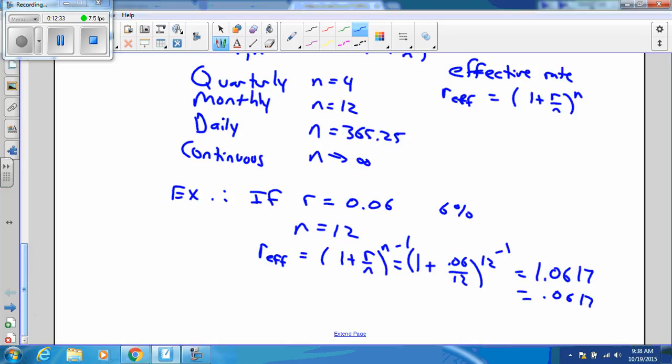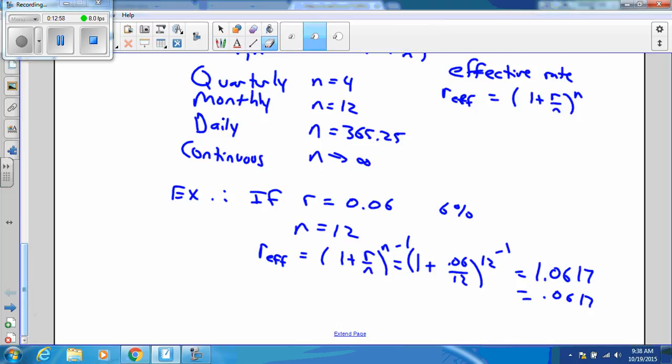So the effect of compounding 6% interest 12 times a year is that I get an effective rate of 6.17%. And that's called, in bank terminology, the effective APY, annual percentage yield.